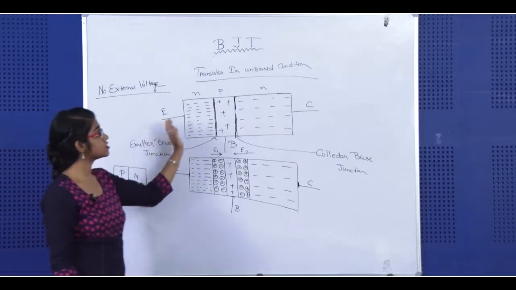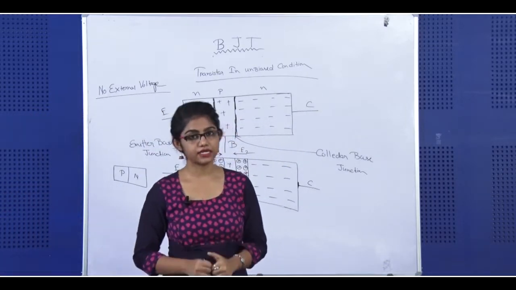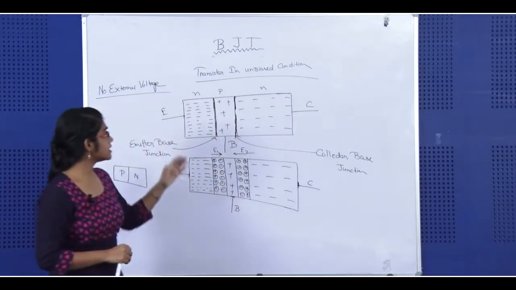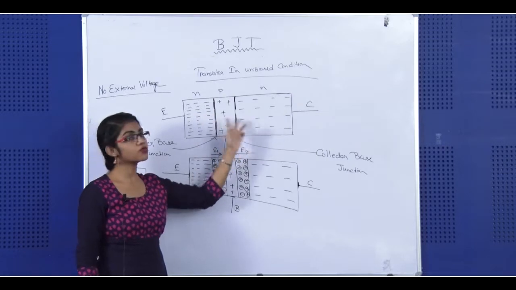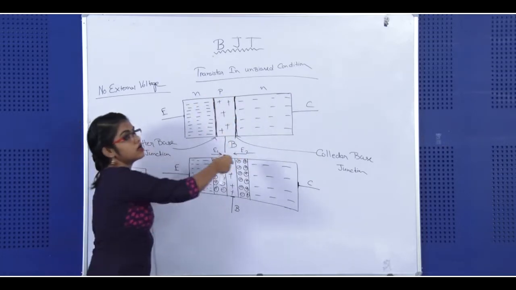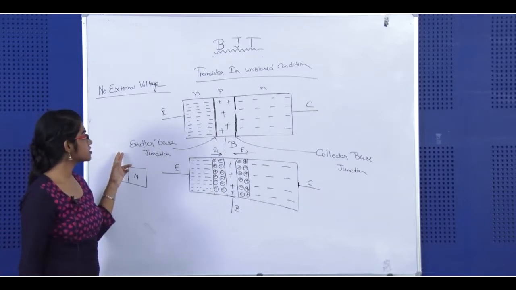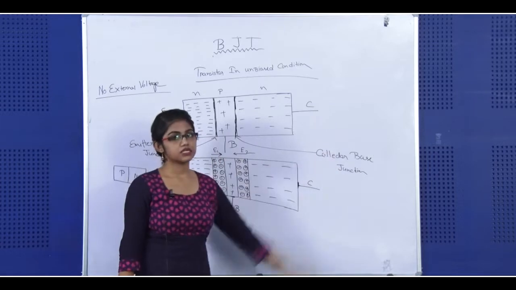In the same way, in an NPN transistor there should be a structural continuity. So when the P type is sandwiched between two N type regions, two junctions are formed. One is called the emitter base junction and the other is called the collector base junction.